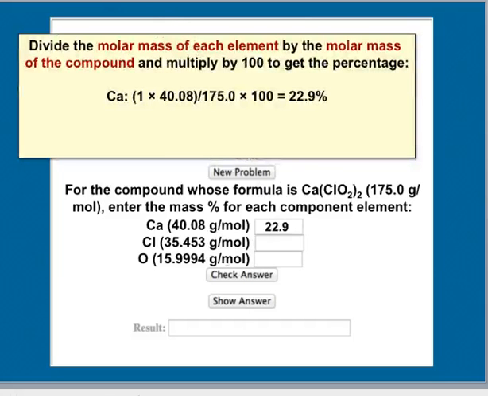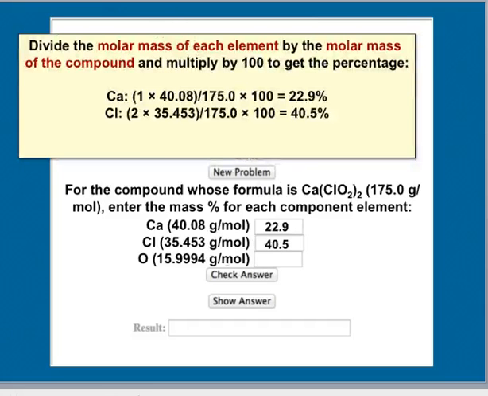How many chlorines are there? 4. No, 2. 2 chlorines. So it's going to be 2 times 35.45 divided by 175, or 40.5%.